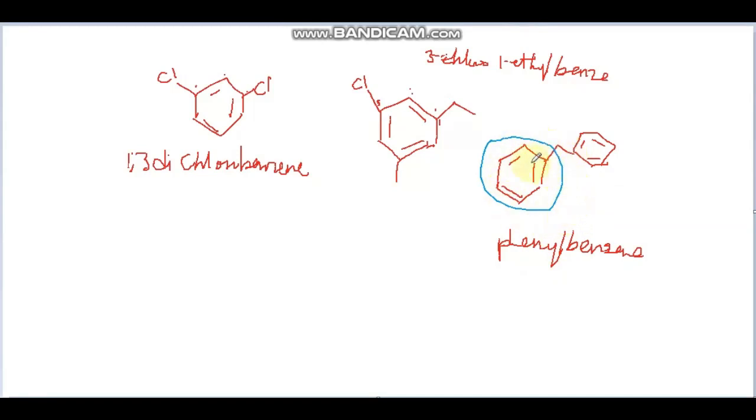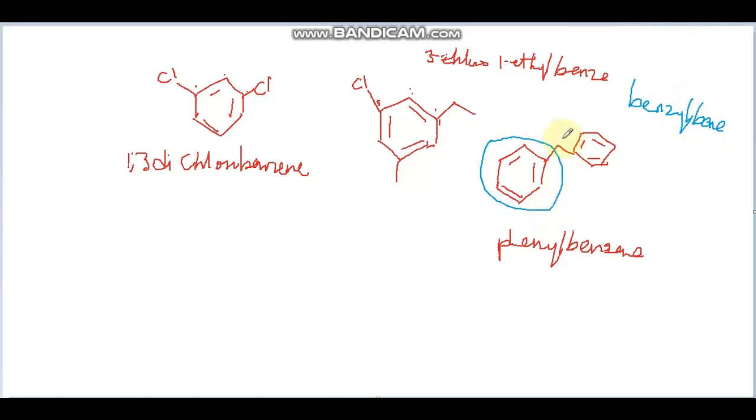So here, we're going to regard this one as the parent chain, as a benzene. Then this other one, which is a benzene ring with an extended methyl group, is named as a benzyl. So the name of this structure becomes benzyl benzene.